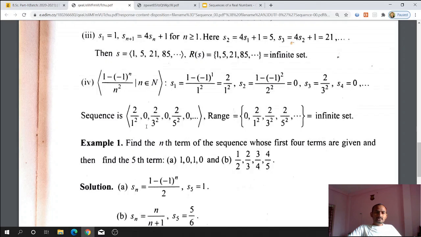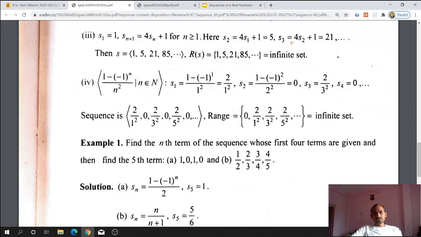So let's see here: the even terms of the sequence are 0 and the odd terms are 2 upon 1 square, 2 upon 3 square, 2 upon 5 square, and so on. The next term is 2 upon 7 square. What is the range of S?